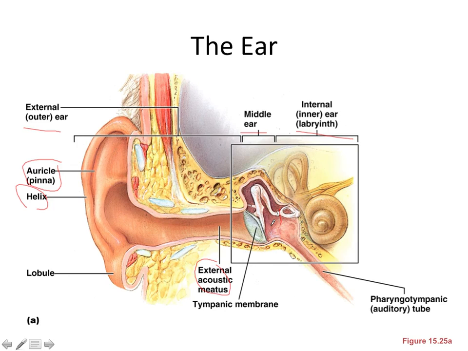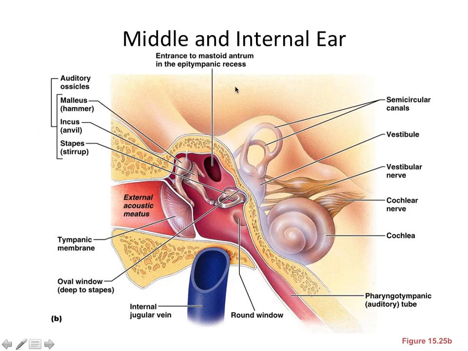The inner ear's function is to convert the mechanical vibration to nervous action potentials, and then transfer them to the brain to let the brain generate the hearing. So this is the ear.